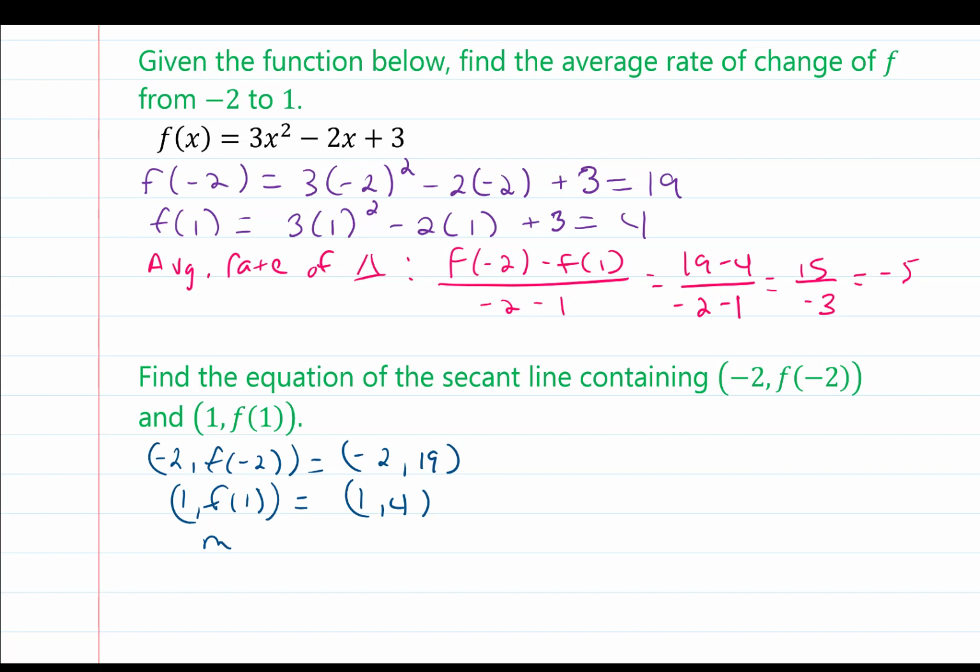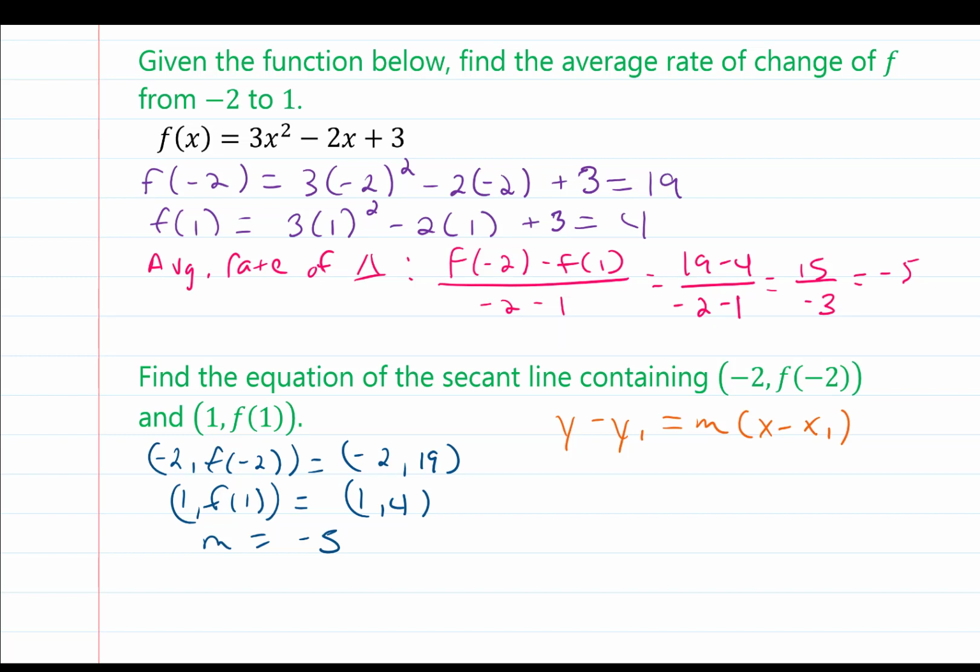And don't forget that the slope of the secant line will be -5 because what you are finding with the average rate of change is the slope of the secant line. I will use point slope form in order to find the equation of the secant line. That is y minus y sub 1 is equal to m, the slope of the line, times x minus x sub 1, where x sub 1 and y sub 1 is a point on the line.